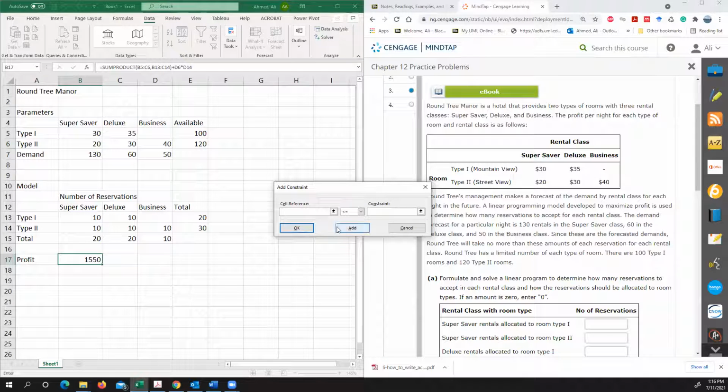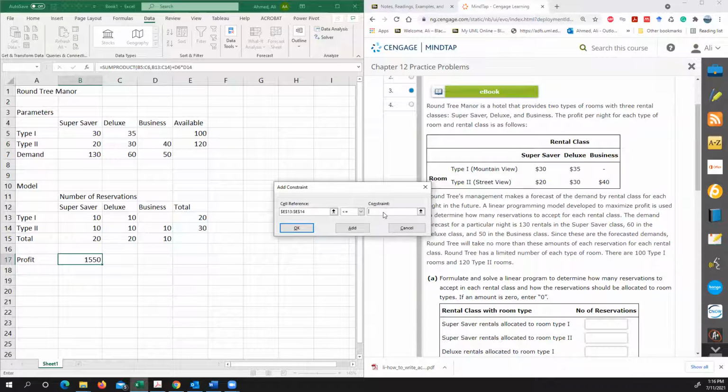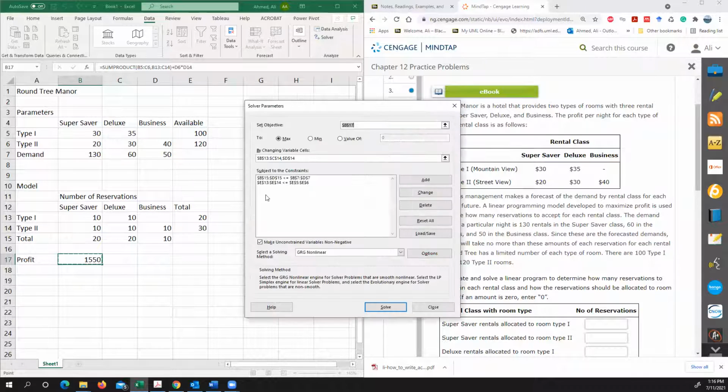Another constraint is that we cannot book more than what is available in one type. So these values have to be less than or equal to the available. I made the same mistake. These values cannot be greater than these values, and that's okay.